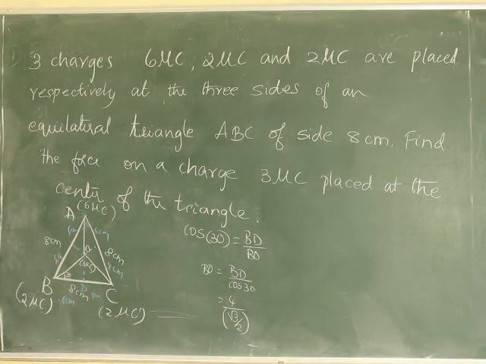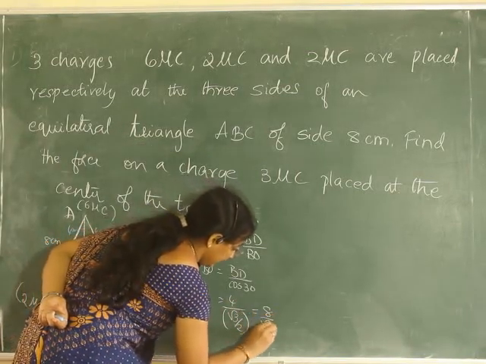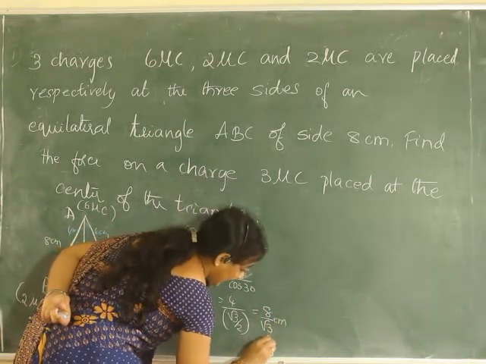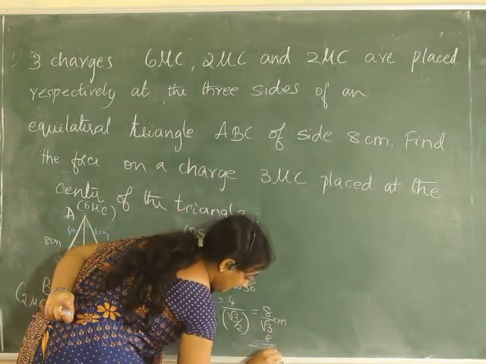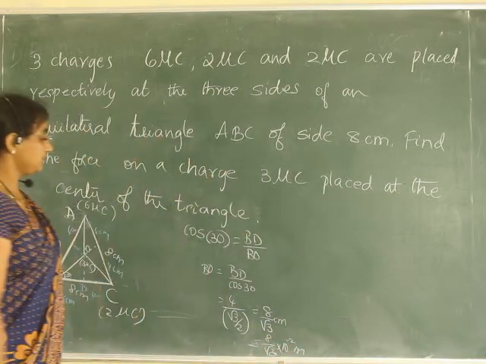BO is equal to 8 by root 3 centimeter or 8 by root 3 into 10 to the power minus 2 meter.